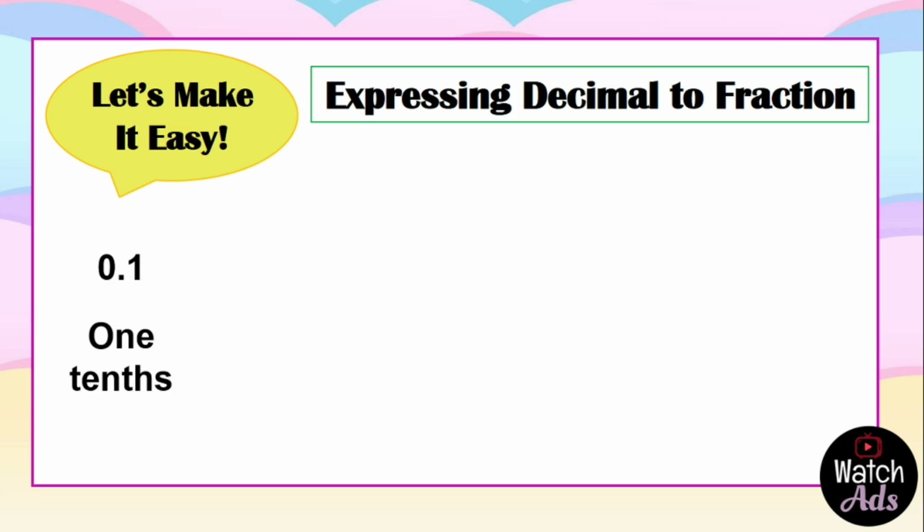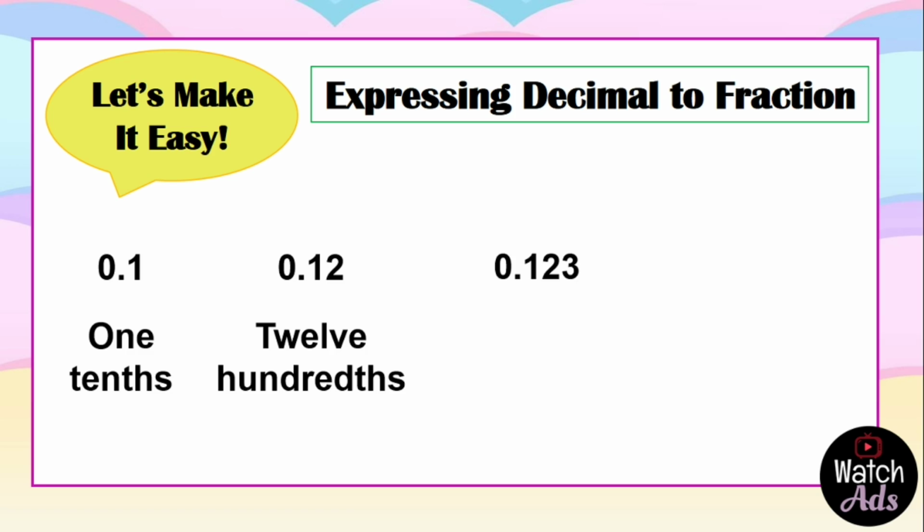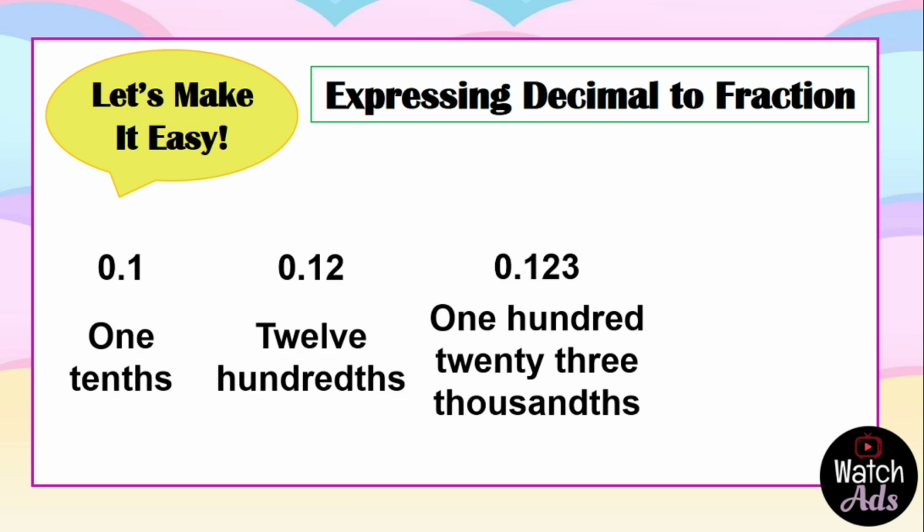That is 1 tenth, because the last digit is placed in the tenths place value. That is 12 hundredths, not 0.12. That is 123 thousandths. That is 4 and 5 tenths. That is the right way to read the decimal numbers.